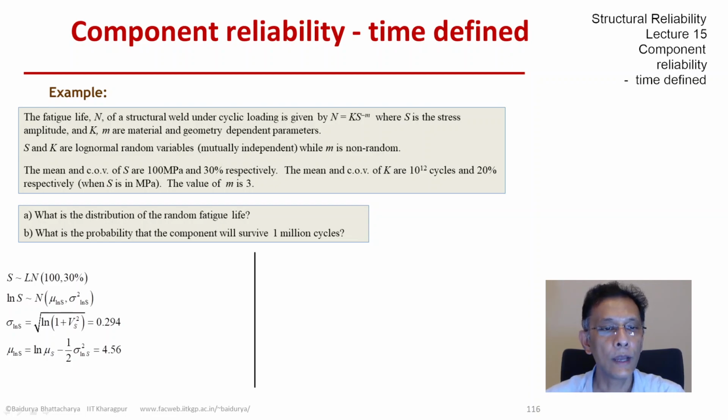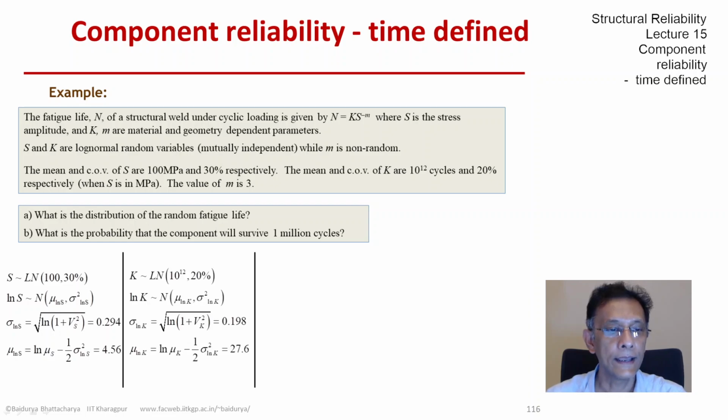We can do likewise for the coefficient k, and k is log normal, therefore log k is normal, and we have numerical values for sigma of log k and mu of log k. With these, we are able to find the properties of the random life, the number of cycles to failure n.